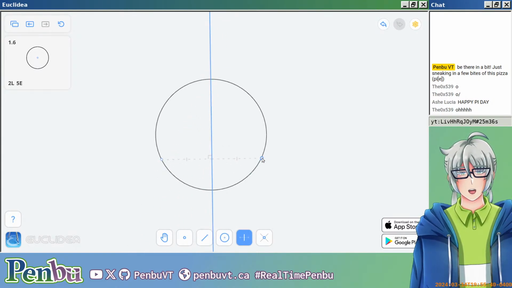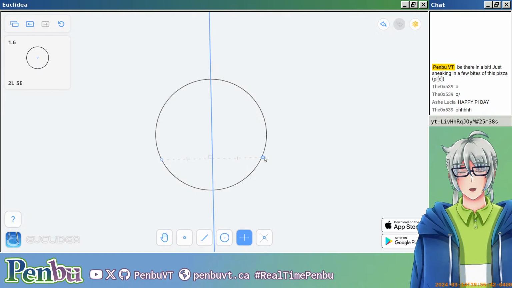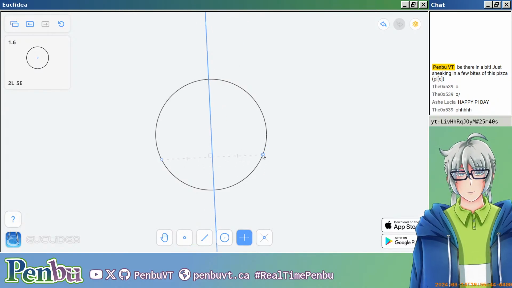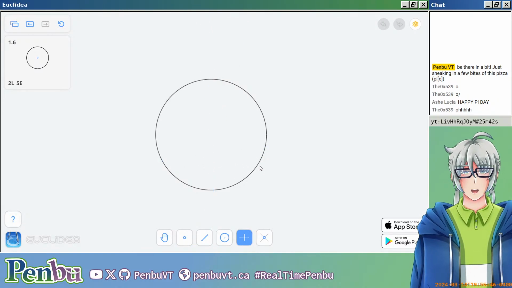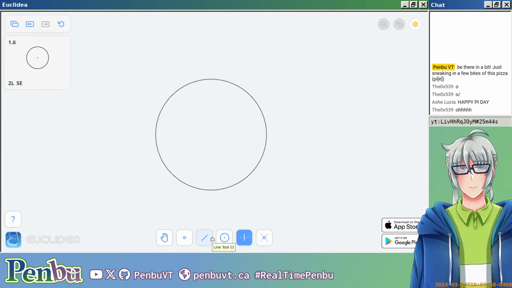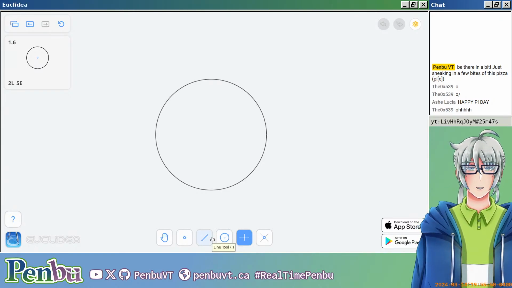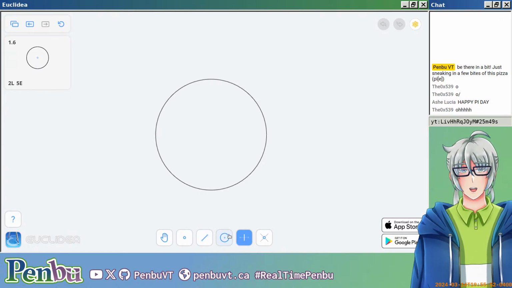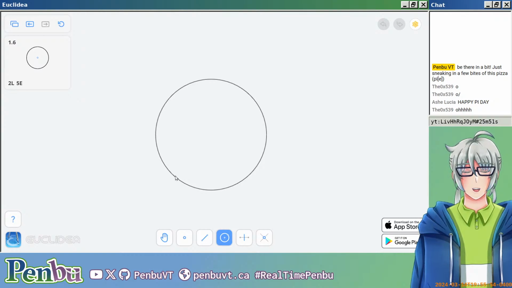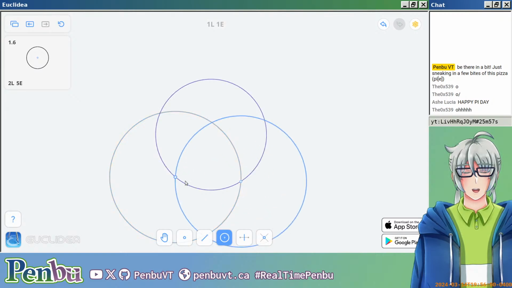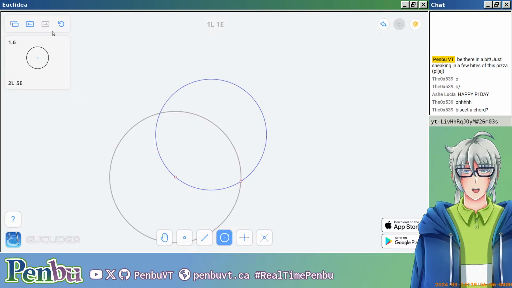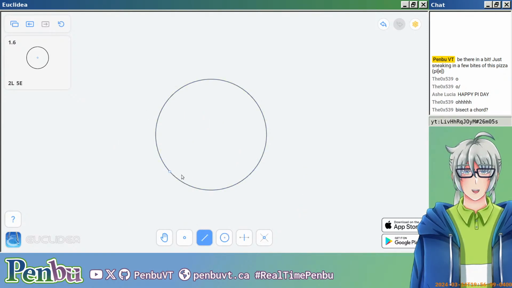We can't do it that way either because we need proper points. Maybe the approach here is just to get something working, and then we can go from there. Okay. So we create one here, and we create another one here. Maybe bisect a chord. Yeah, that's what I did earlier. But okay, let's try that.